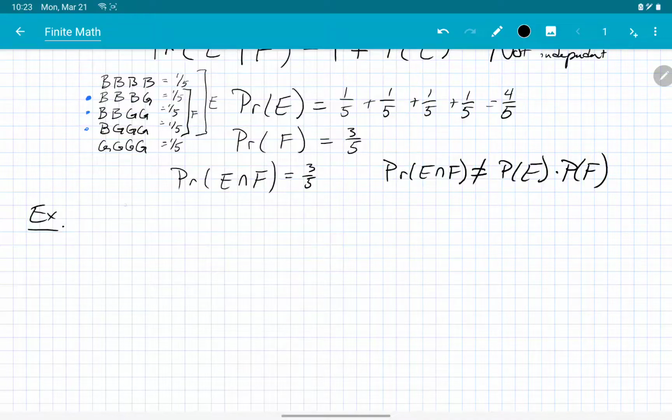Another example. Toss a coin 3 times and record the sequence of heads and tails.